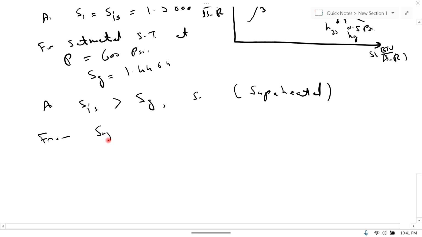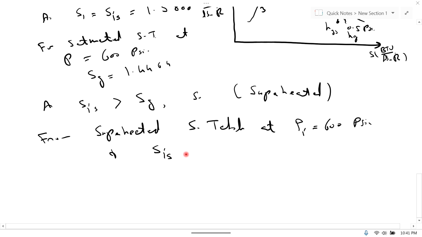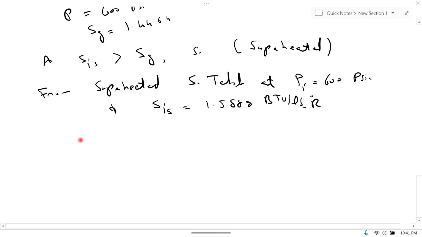From the superheated steam table at pressure P1 dash equal to 600 psia and entropy S1 dash S, which is 1.5882 BTU per pound mass per degree R, we find the temperature and enthalpy.